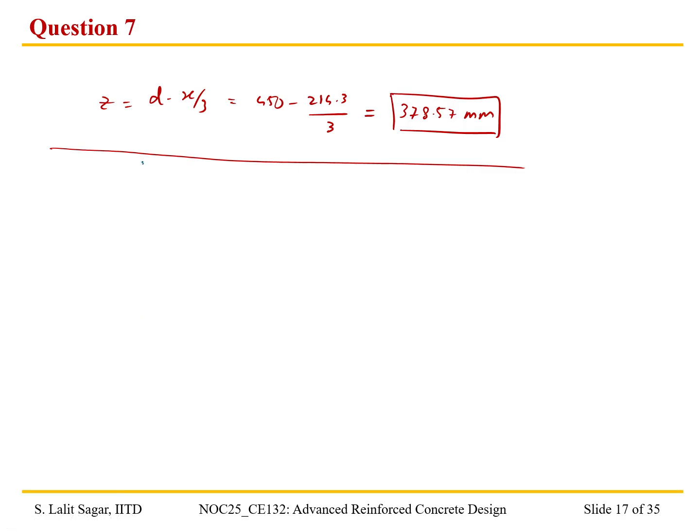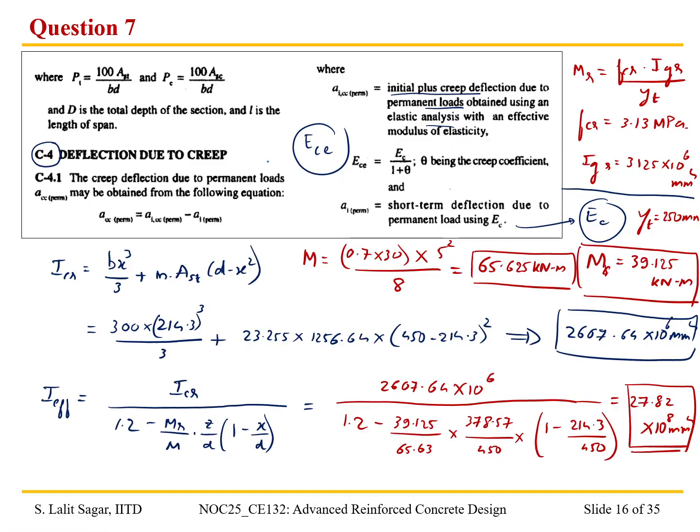Now delta Cp, delta I plus Cp minus delta I, okay, that is given by, so let us first calculate the value of delta I plus Cp, that is the deflection due to the initial plus creep due to the permanent load obtained using the effective modulus of elasticity, right?